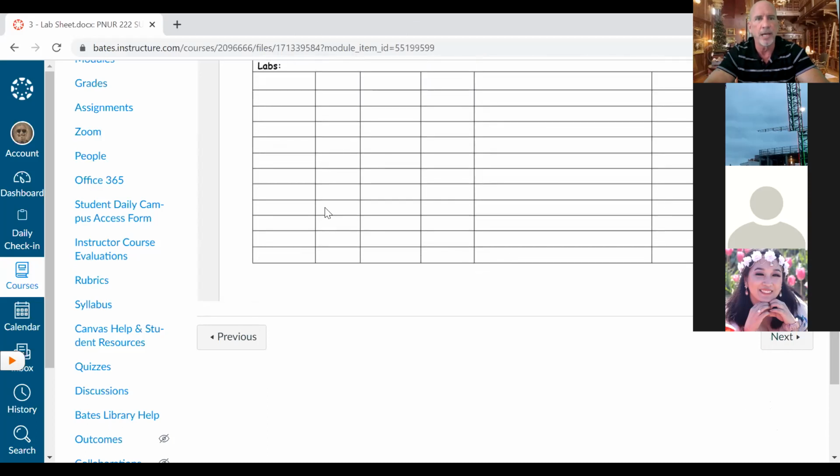And then other labs that the patient had done that we might not have listed, you can put down here. So that is the blank lab sheet. Any questions on that? Pretty straightforward.